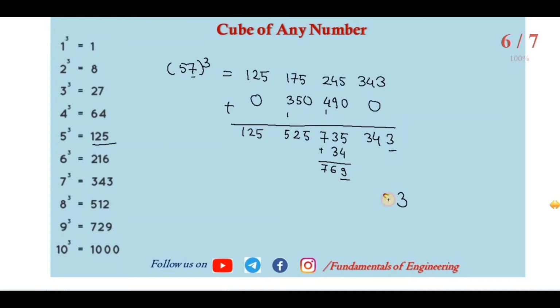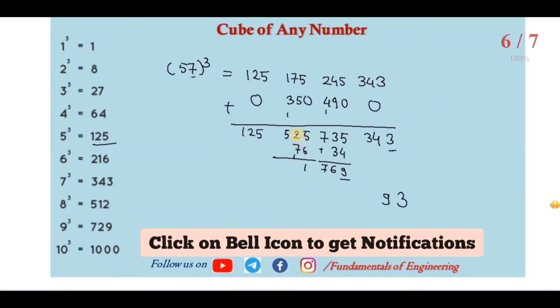So last number 9, 76 will be carry here. 6 plus 5, 11, 7 plus 2 plus 1, 10, and 60. So 1 will be carry here, and 60 will be carry here. So 5 plus 0, 5, 6 plus 2, 8, and 1. So 185 taken here directly, 185. So we have the cube of 57, 185193.